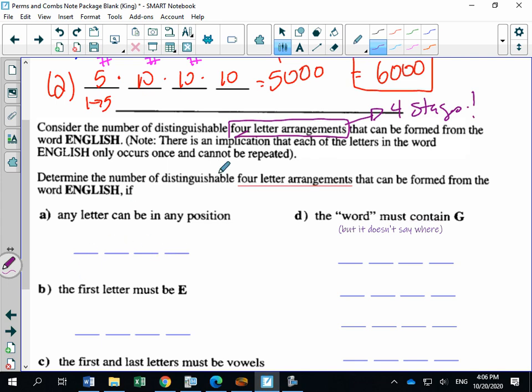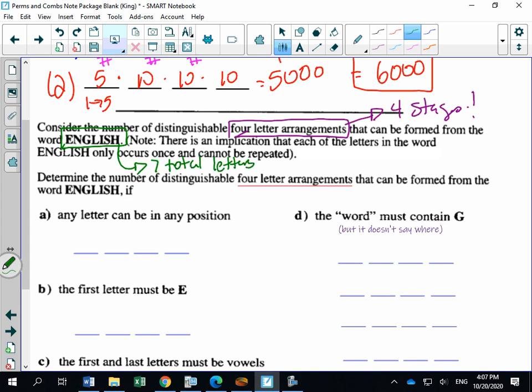Then they're giving us this word English, and they basically are telling us that we're only going to use the letters in this word. So what I'm going to do is count up how many letters English has. So 1, 2, 3, 4, 5, 6, 7. So there's 7 total letters.